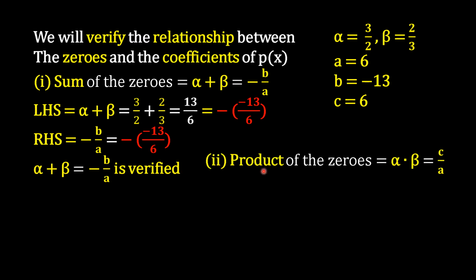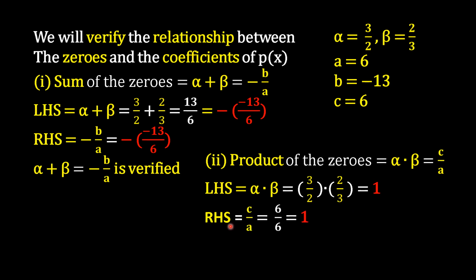Number 2, product of the zeros, alpha beta, is c upon a. We will write the left hand side alpha beta, where alpha is 3 by 2 and beta is 2 by 3, and it gives us 1.